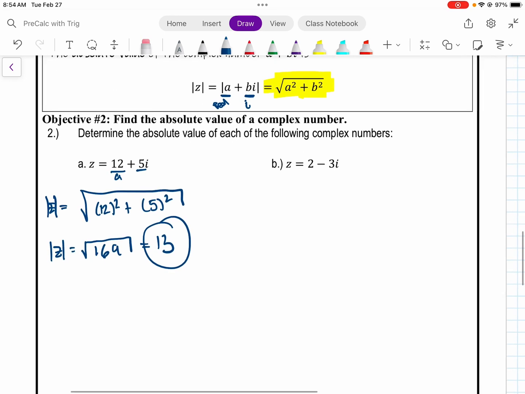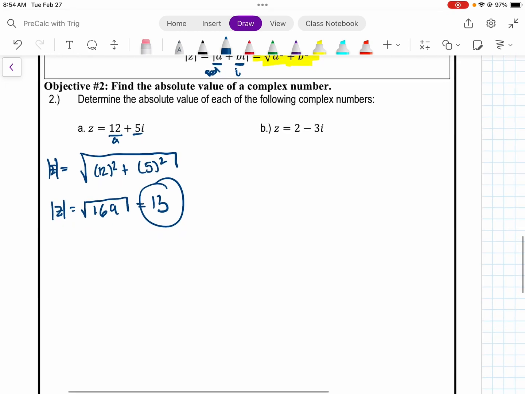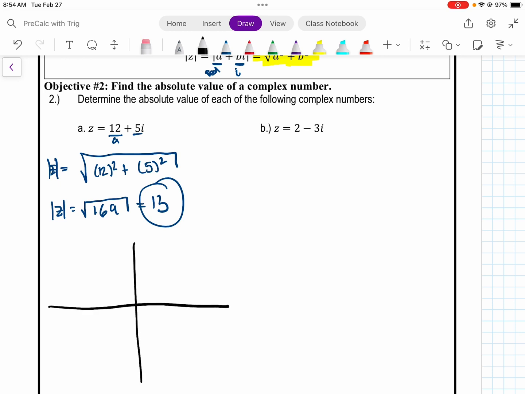So what did we find? Why do we do all of this work? Well, if you think about it, let's say you got an XY plane, or an imaginary plane. This is the i axis, this is the real axis, and I want to find 12 + 5i. Let's say this is 5, this is 10, which means somewhere around here is 12, and then 1, 2, 3, 4, 5, 5i is right there. Well, that point is (12, 5), which is here.